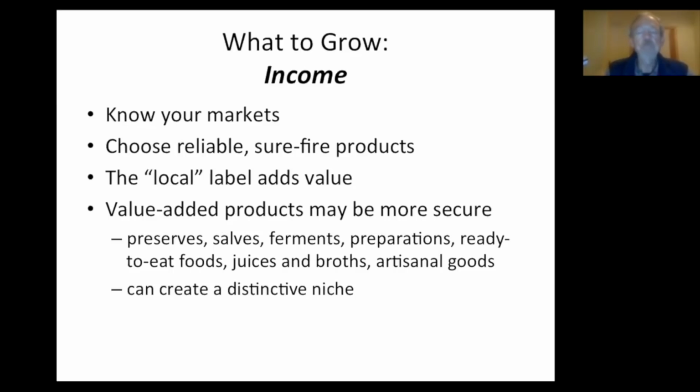And speaking about value added, anyone can grow plants and sell them as a raw product, but they're generally pretty low prices per pound. And so the idea is to add value somehow, to preserve them, to make jams or jellies or salves or fermented products, all kinds of preps.